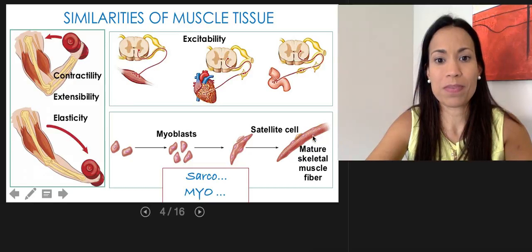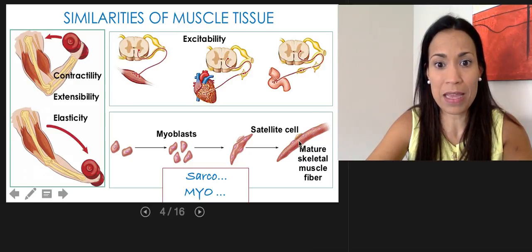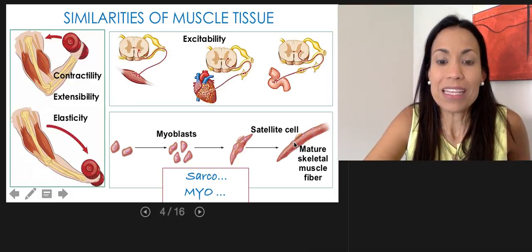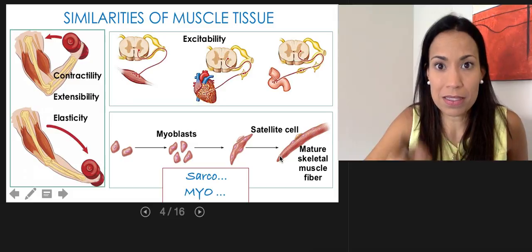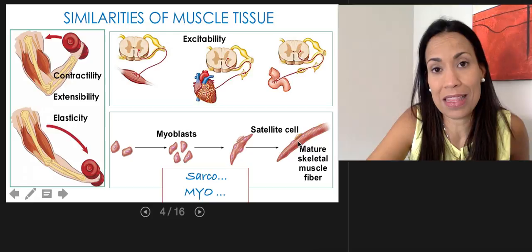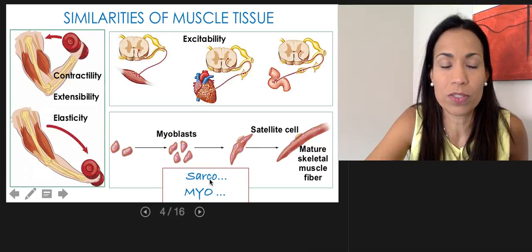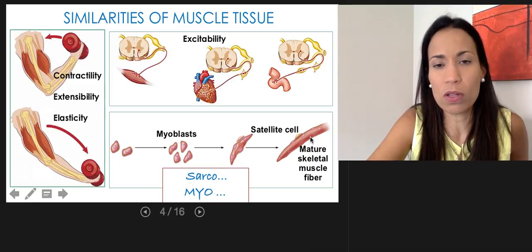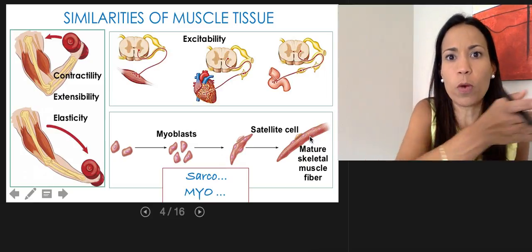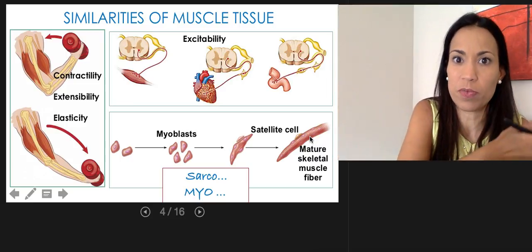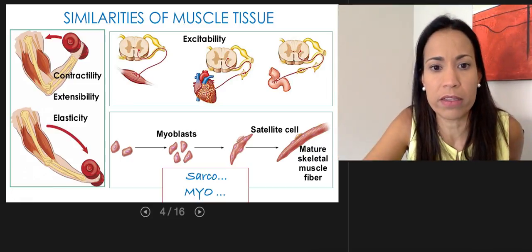For example, sarco: when we describe the skeletal muscle cell in the next video, the plasma lemma, the cell membrane of the skeletal muscle cell, is not called like that. You just put the prefix sarco, so it's called sarcolemma. The cytoplasm is called sarcoplasm. The endoplasmic reticulum is called sarcoplasmic reticulum, a very important organelle in here.